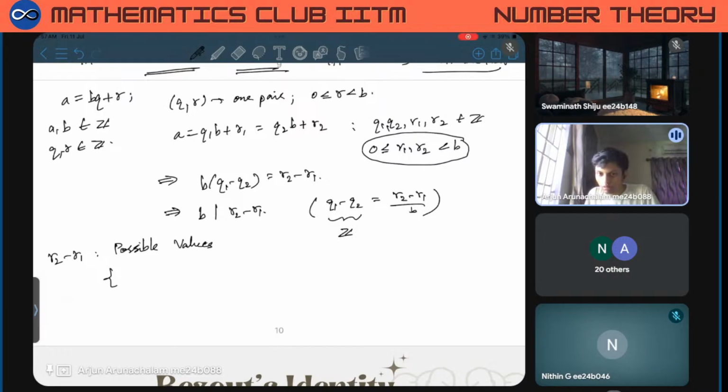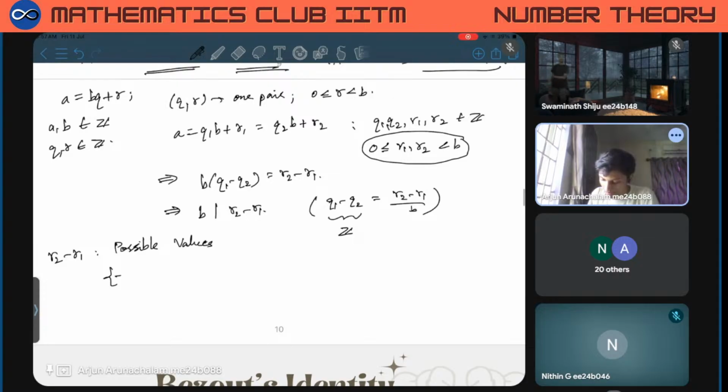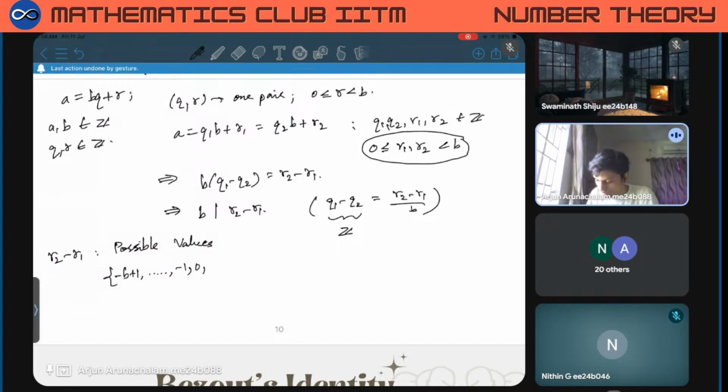The minimum possible value will obviously be, let's say r2 is 0 and r1 is minus b minus 1, so minus b plus 1. So this will be the minimum possible value. And some other possible values would be, let's say, minus 1, and 0 and 1.